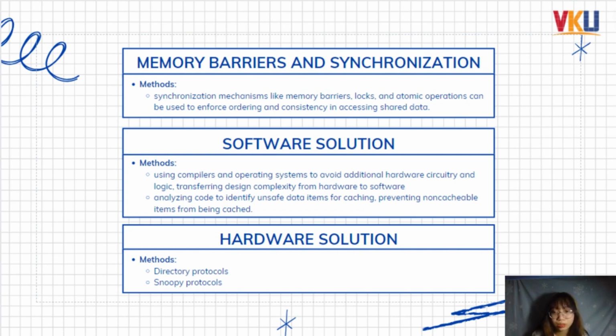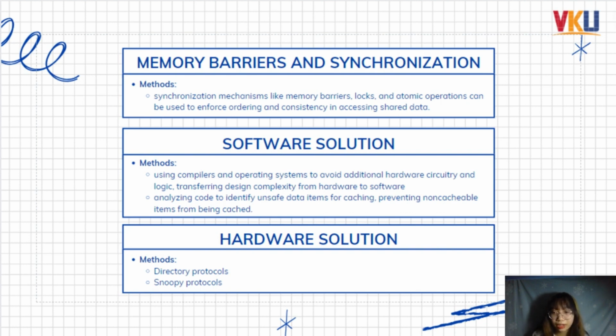The second solution is the software solution. Software cache coherence uses a compiler and operating system to avoid additional hardware and logic, transferring the design complexity from hardware to software.